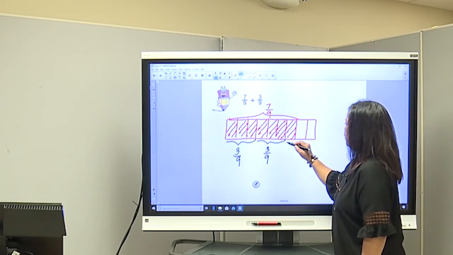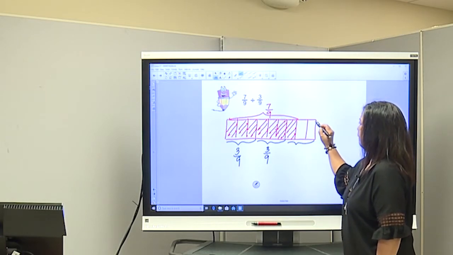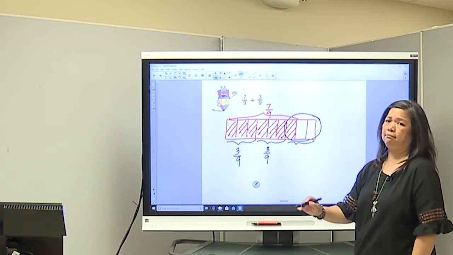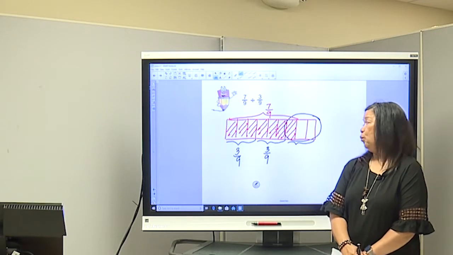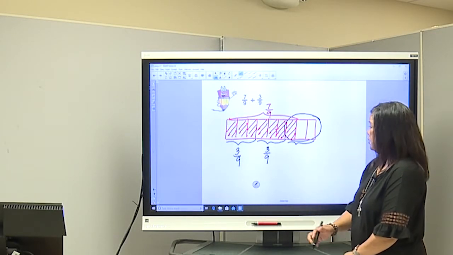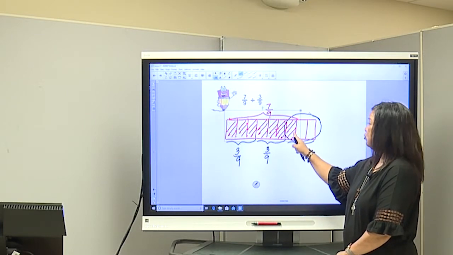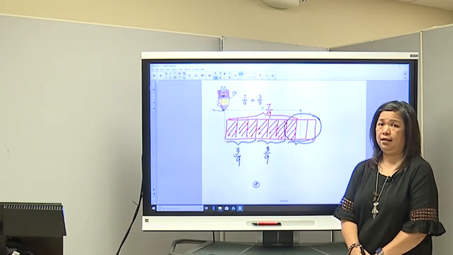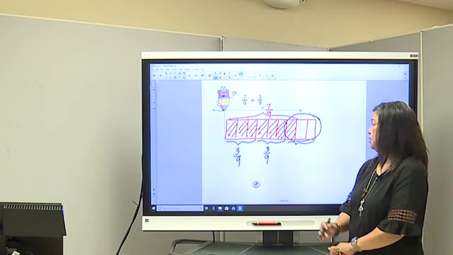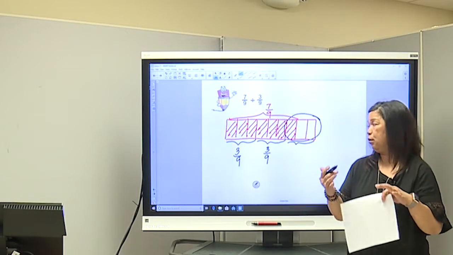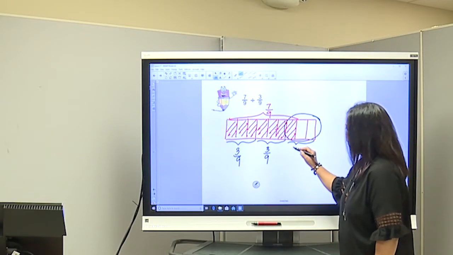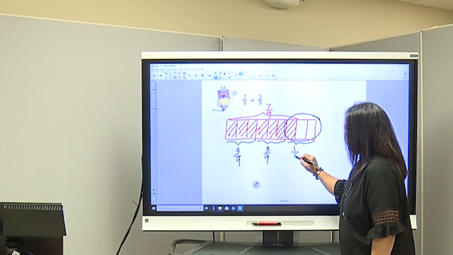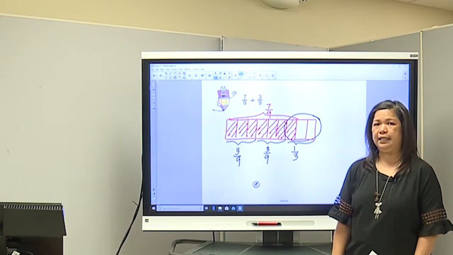And I need another 3 ninths, but I can't, because not all parts are shaded. What actually is shaded is 1 out of 3. Okay. I needed this 3 ninths to make it one group, but it's not all shaded. What is shaded is 1/3 of the group that I needed.